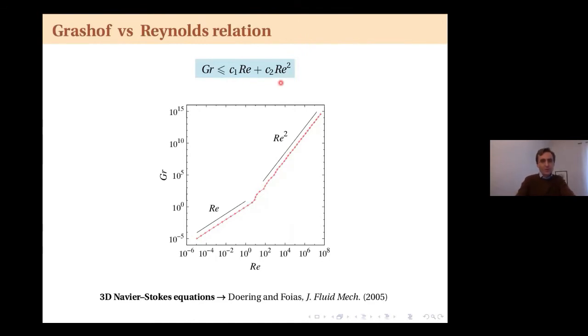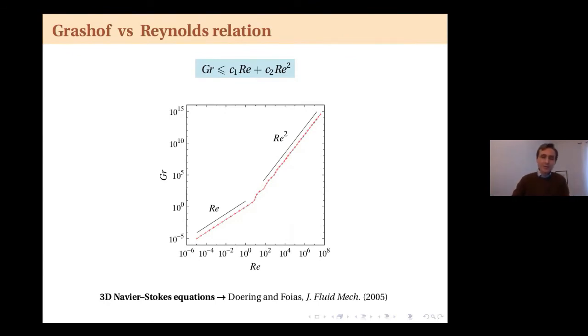And as John was saying, this is interesting at least for two reasons. The first one is that the Grashof number describes the input in the system. It describes the forcing which we give in the problem, which we define. And the Reynolds number is how the system responds to such a forcing.